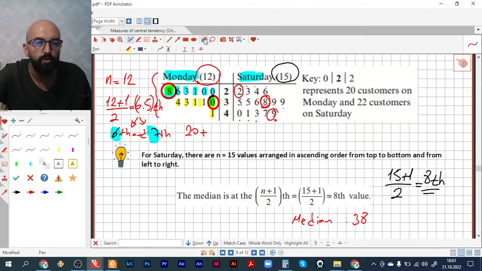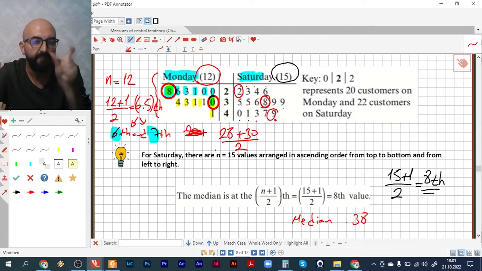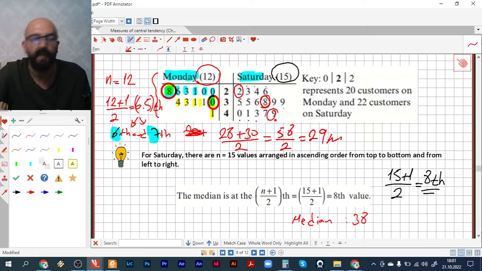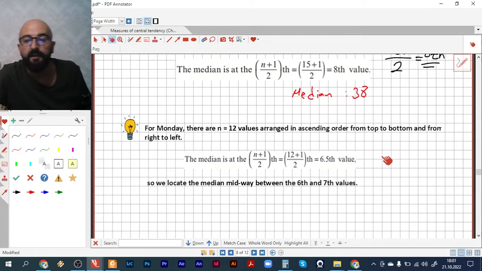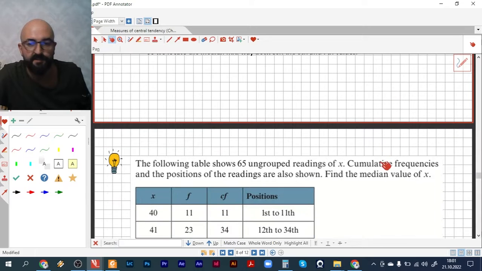So you should compute 28 plus 30 over 2, the mean of the middle two values, so 58 over 2, it becomes 29. Okay, now we had a question, and we found the answer.